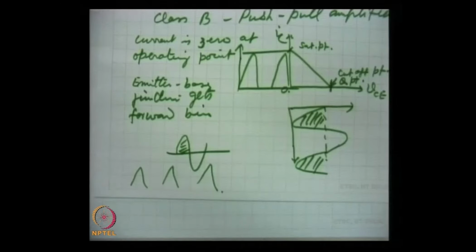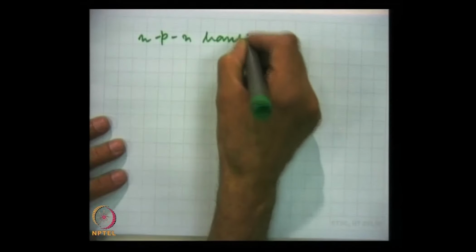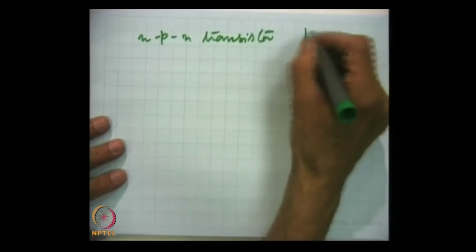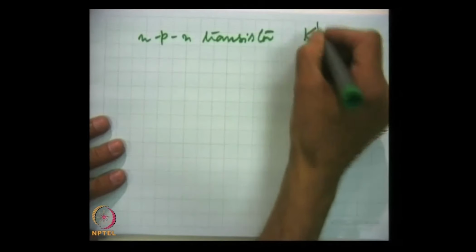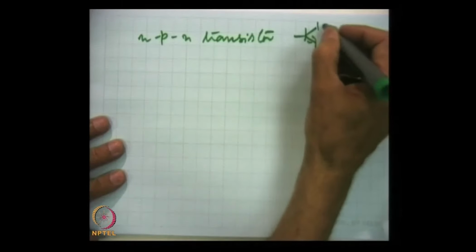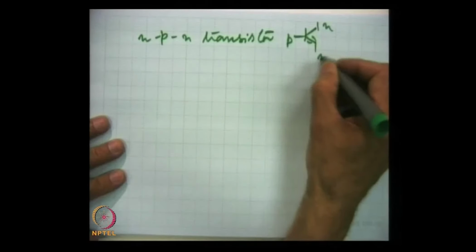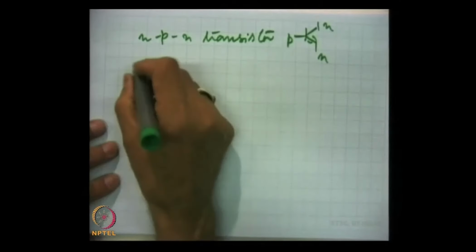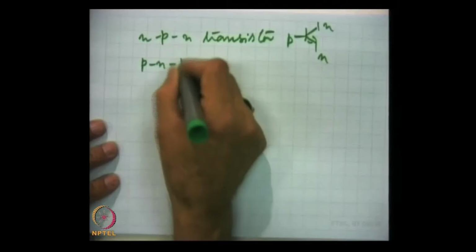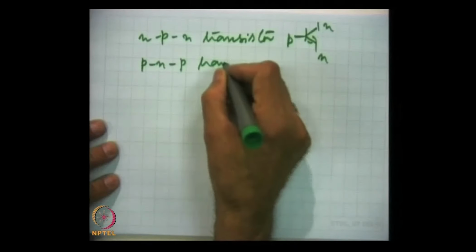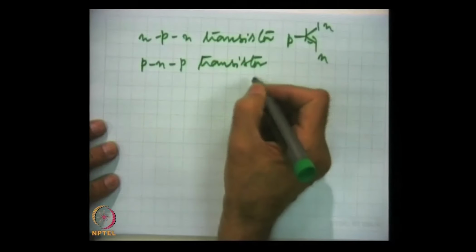So, we use two transistors. These are complementary transistors. One is an NPN transistor, and the other is a PNP transistor.